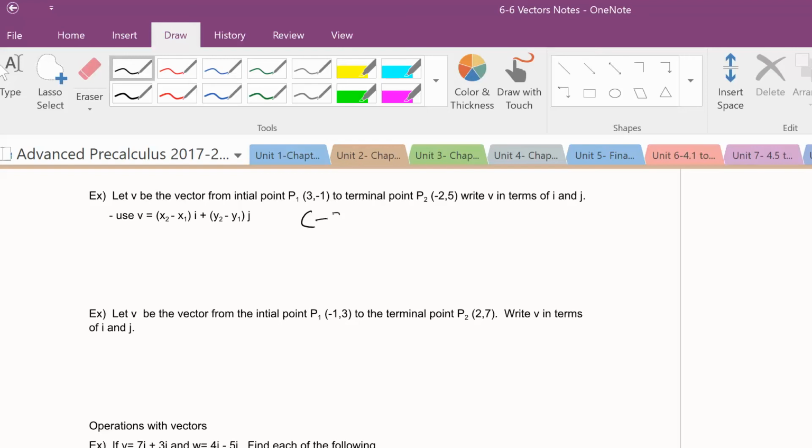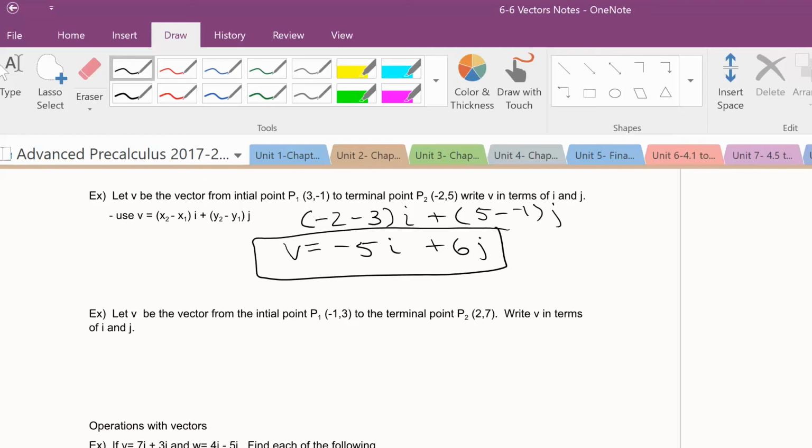So we have negative 2 minus 3 i plus, and then we subtract the y's, 5 minus negative 1 j. So it's negative 5i plus 6j, and that would be our vector in terms of i and j.